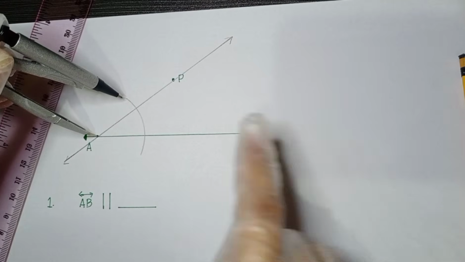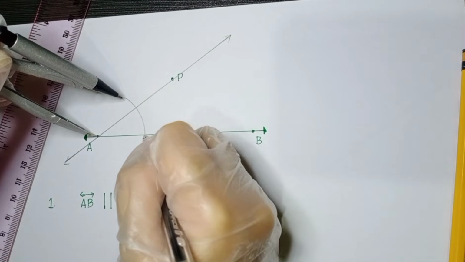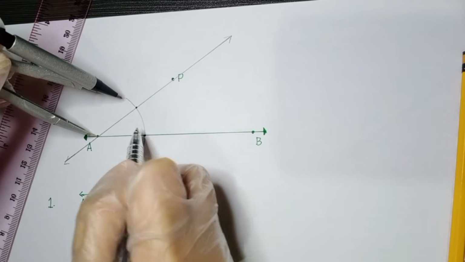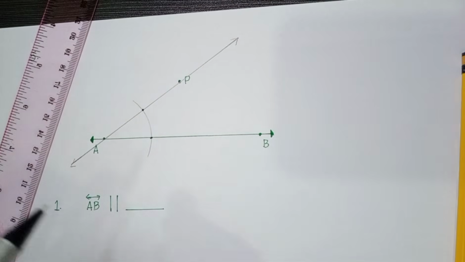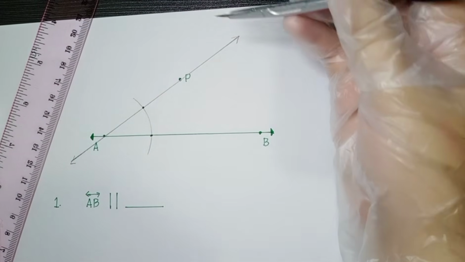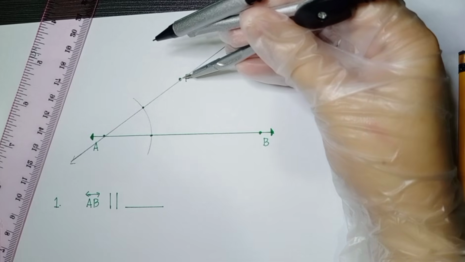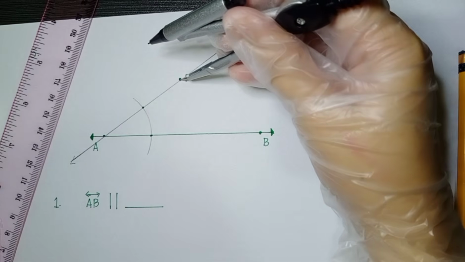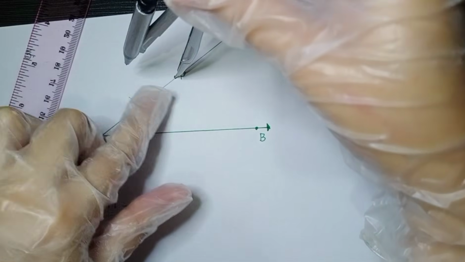Okay, now, from here, so ito na po yung mga point natin, ha. Meron tayong point dito, meron tayong point doon. Okay, now, from here, dito naman tayo. So, dito naman, tapat nyo siya dito sa point P. Okay, tapat sa point P. And then, gawa ulit tayo ng arc with the same radius.